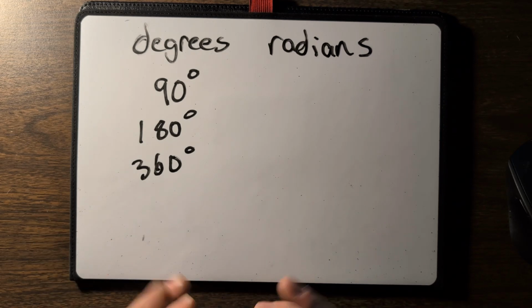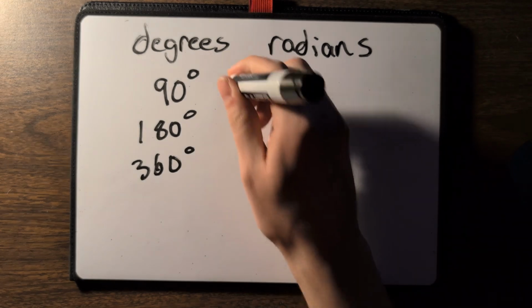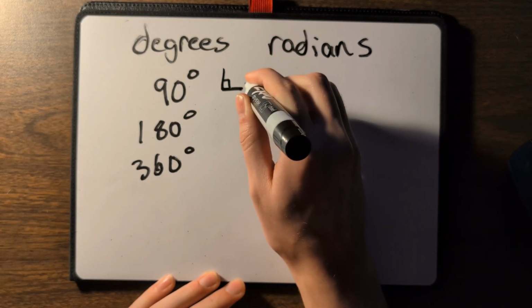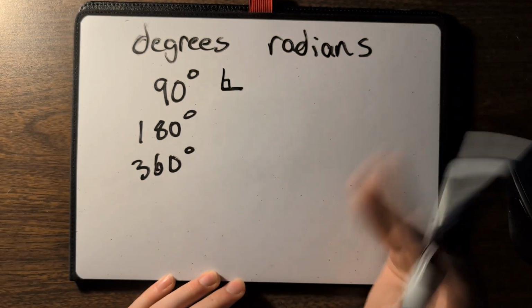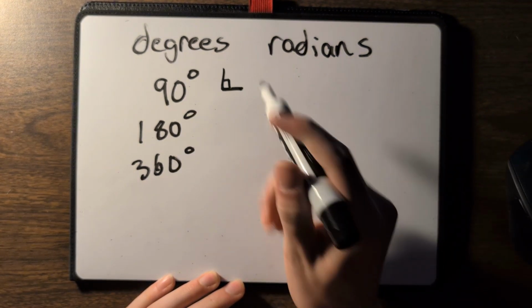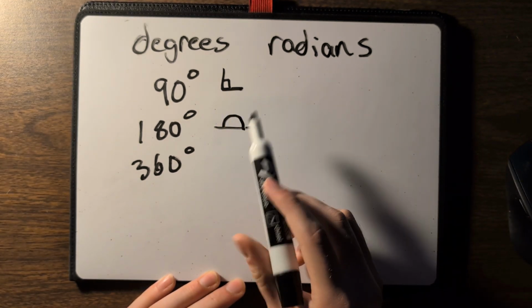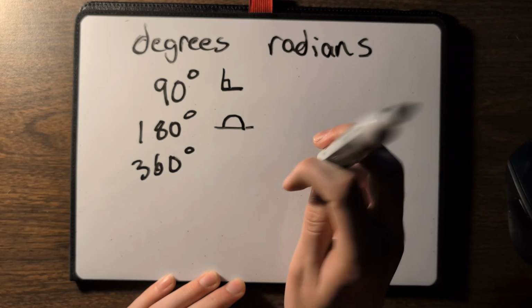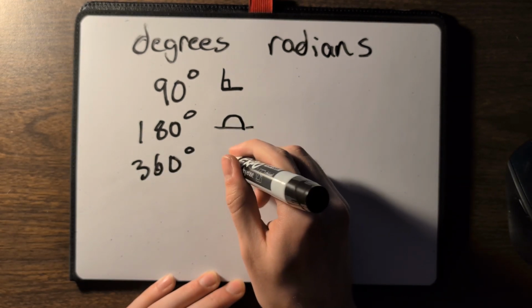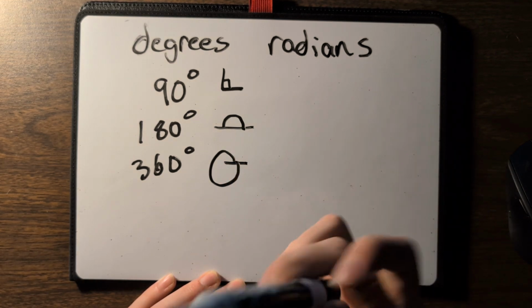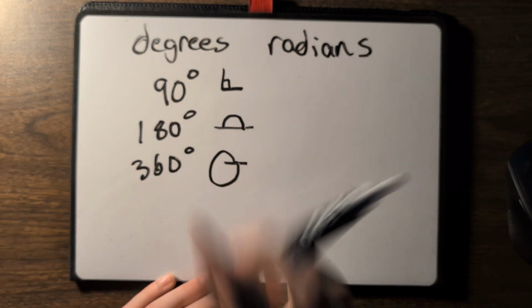You probably know a general idea of what they mean. 90 degrees is a right angle. 180 degrees would be like you spin halfway around, and then 360 degrees would be where you spin all the way around and come back to where you originally started.